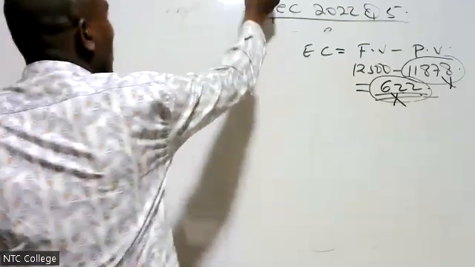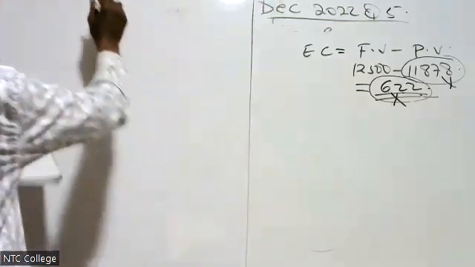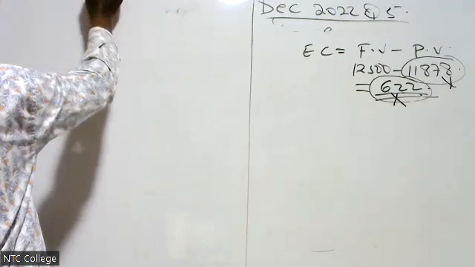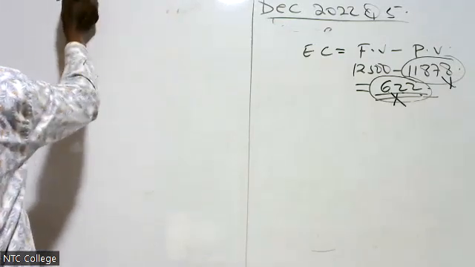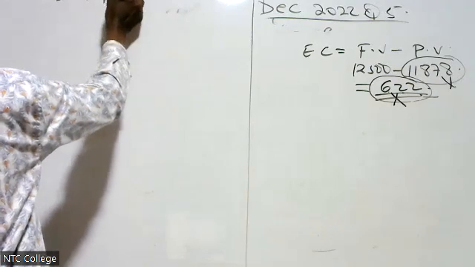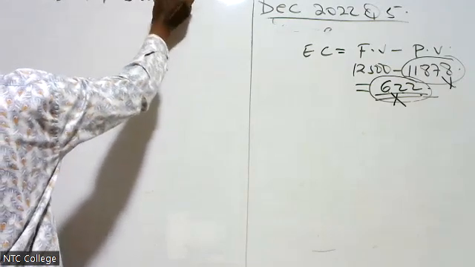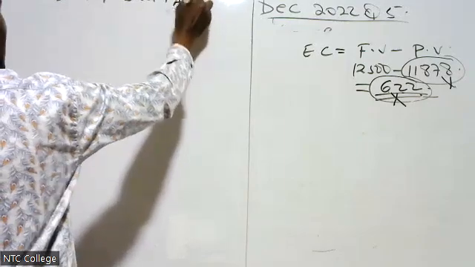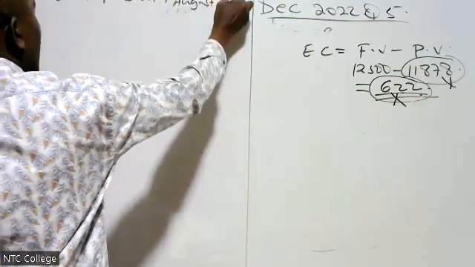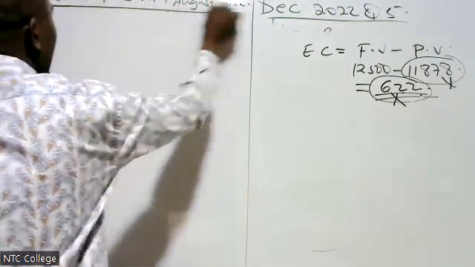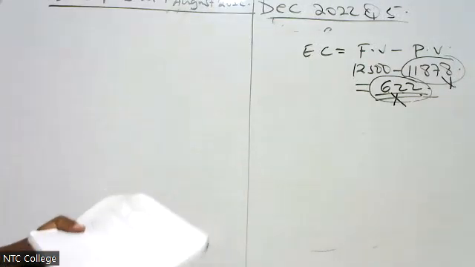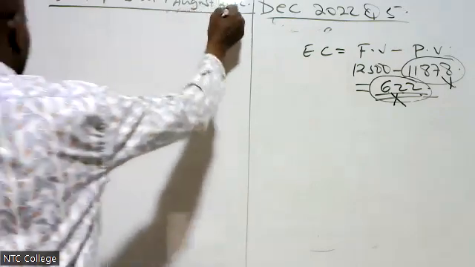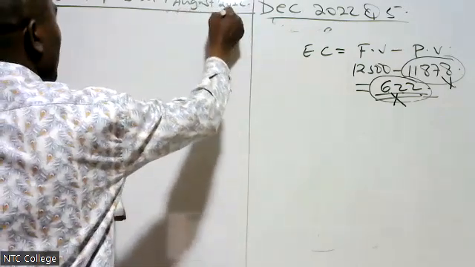Now, let's do the balance sheet. We say Starway Limited, statement of financial position as at 1st August 2022, shillings in thousands.